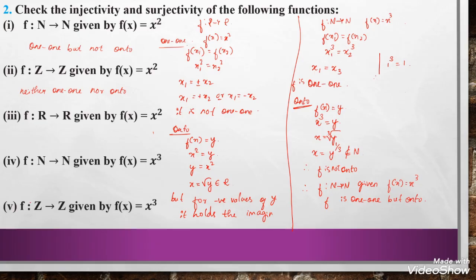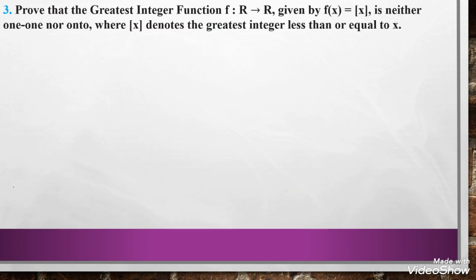Now, you have to solve the fifth condition, that is a function f from integer to integer given by f of x is equal to x cube. This is homework and you have to solve it. If you have any doubt regarding the fifth question, just write your doubt in the comment box. Then move on to the third question.